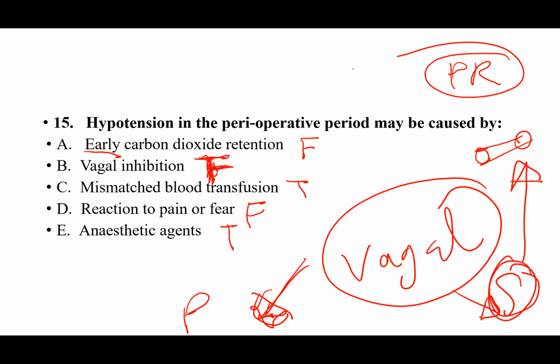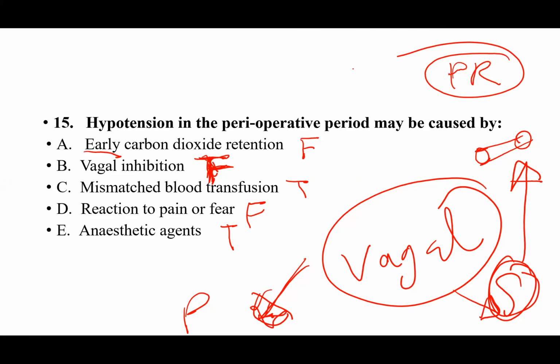Vagal maneuver is usually applied when pressure is placed on the neck, because that's where the vagus nerve is, so that the heart rate can return to normal. What do you mean by normal? Is it increasing or reducing? In a case like a patient with tachycardia, it can slow down the heart rate.